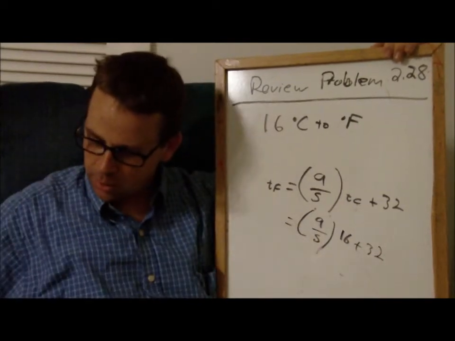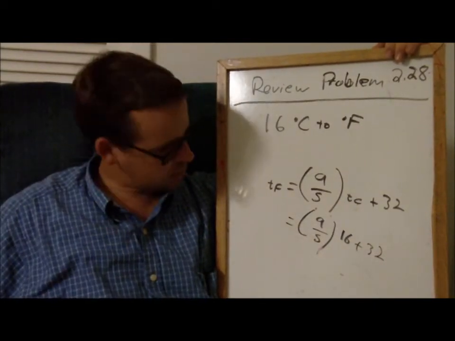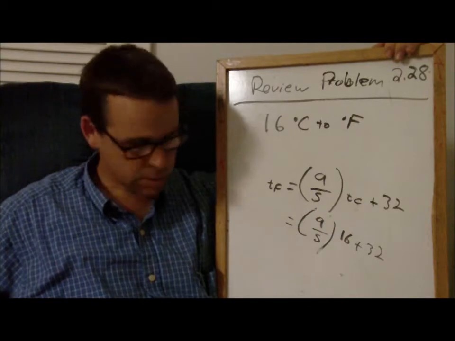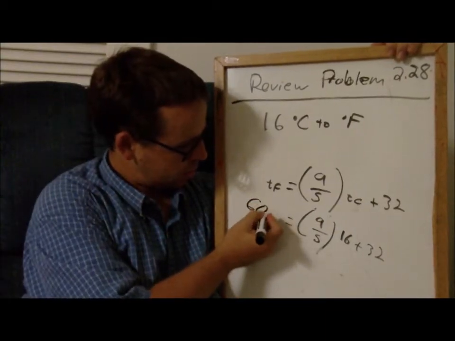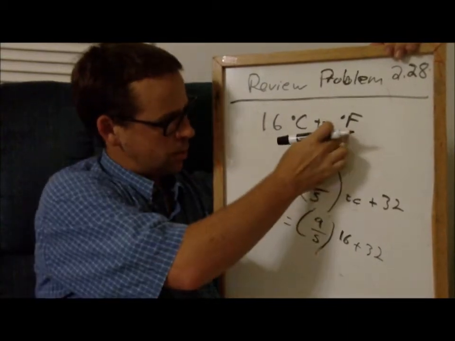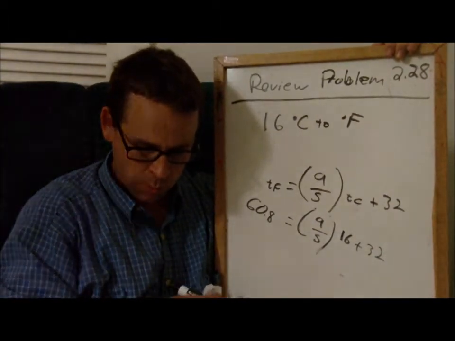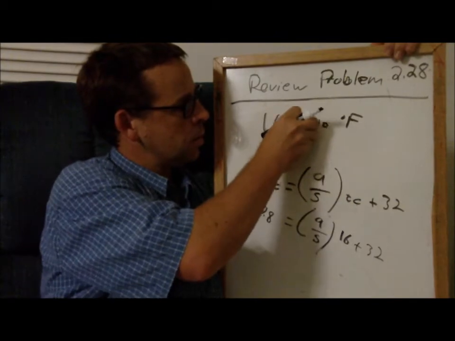Put that in our calculator that way. 16 times 9 divided by 5 plus 32. 60.8 degrees Fahrenheit. All right, that's B. C, 25.5 degrees Fahrenheit.